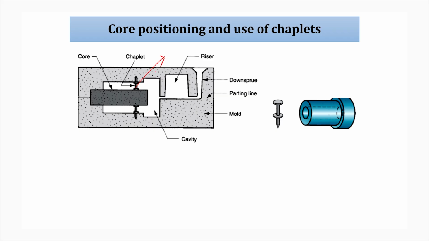Chaplets are metallic, and their composition should be the same as the molten metal, because they are going to merge and dissolve into it. They support the hanging or unsupported core.